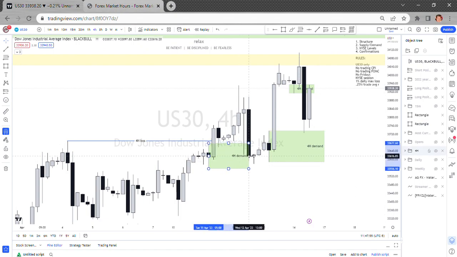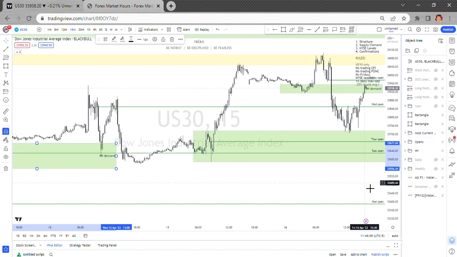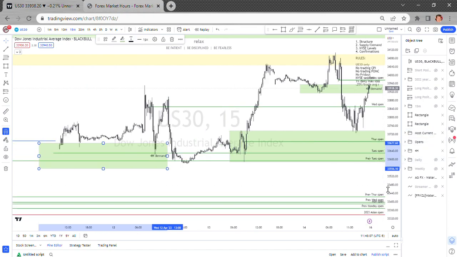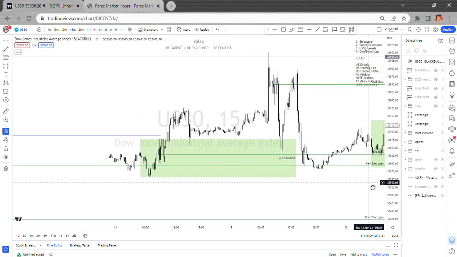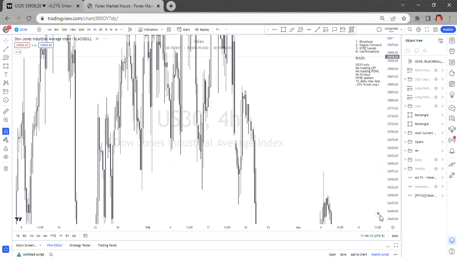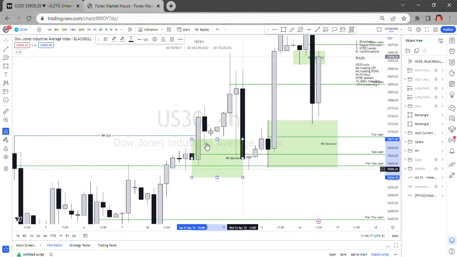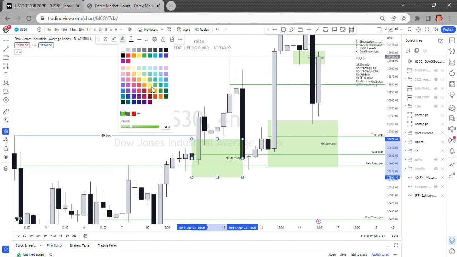So Wednesday was CPI, and then on Thursday, these are my opens on Thursday. So here's the 4 hour demand, right? That's that 4-hour demand right here. I will change it to yellow.